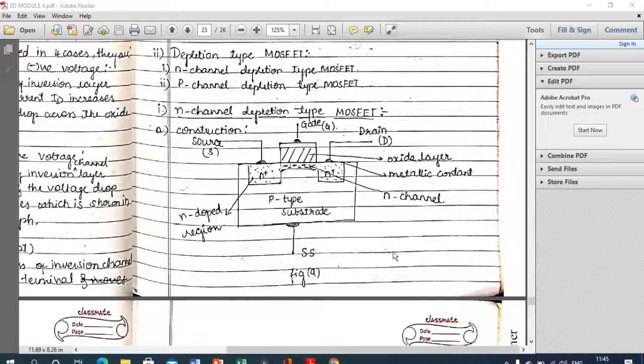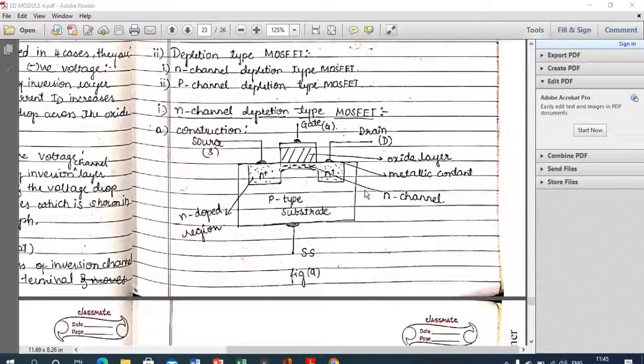It consists of a p-type substrate, then two n-doped n plus regions, and then there is an oxide layer. This is a metallic contact where the gate terminal is connected.